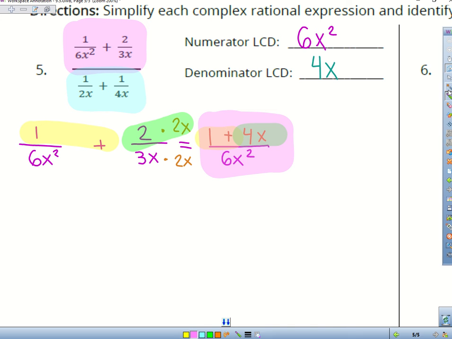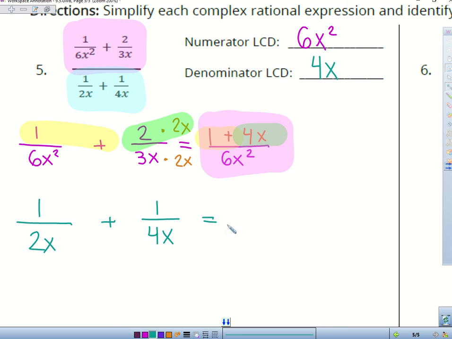Now we're going to do the denominator. That was long. So I rewrite my denominator fractions, and I know they have to end up with a denominator of 4x. With that being said, what would I have to multiply the top and the bottom of this fraction by? 2.